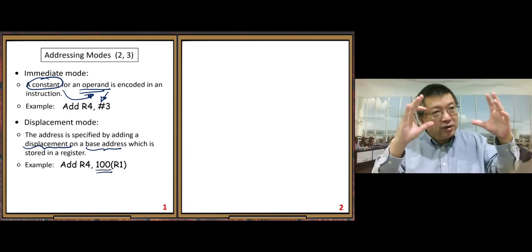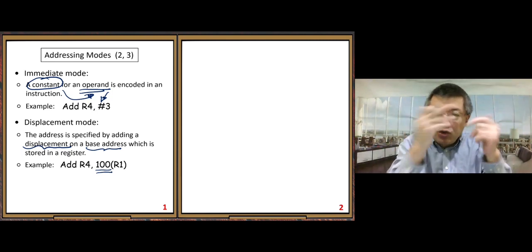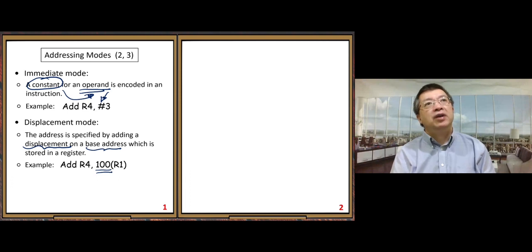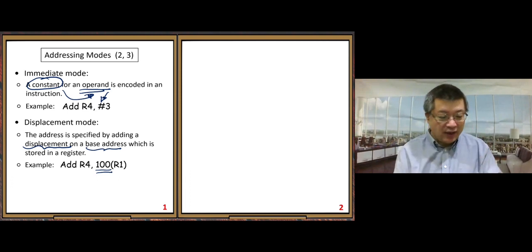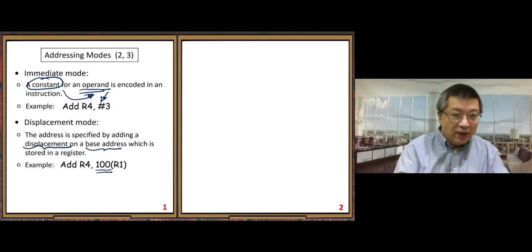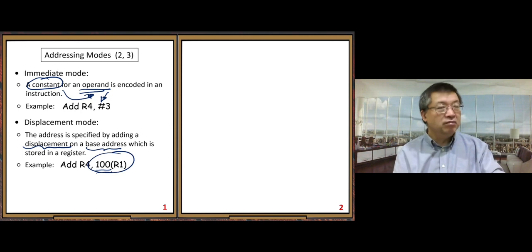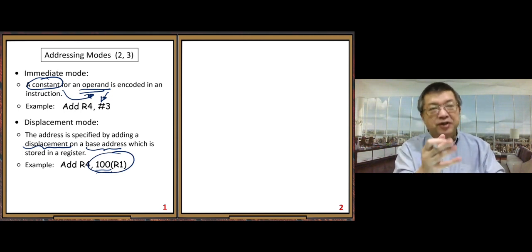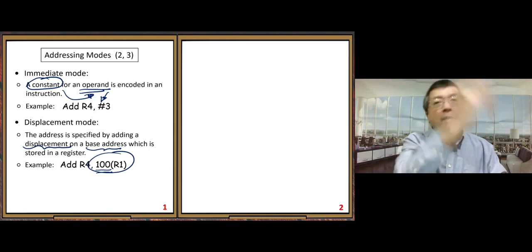Inside the parenthesis is our base register address, our reference point. The meaning of this whole expression is that it gives us the address of our operand.